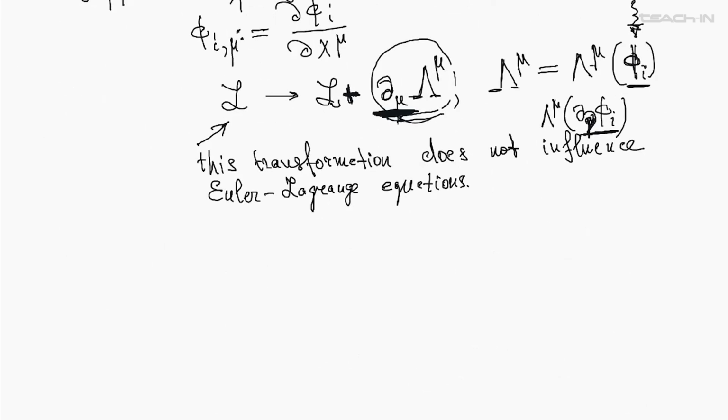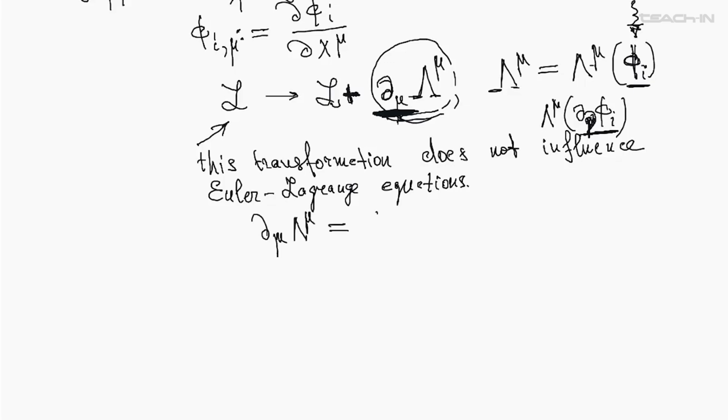Now, why is it so? Why will the equations of motion not be changed under such addition? This is because if you look at the d mu lambda mu term, you see that you can write this as a derivative of lambda mu with respect to phi.